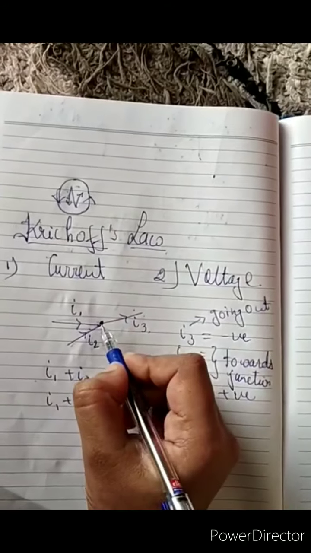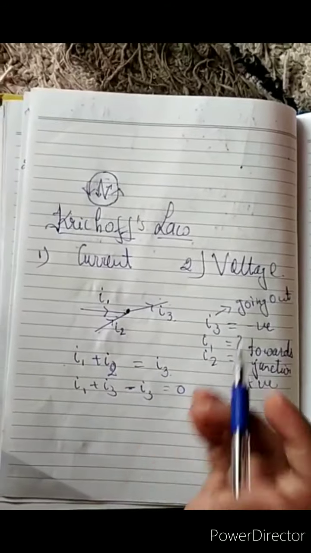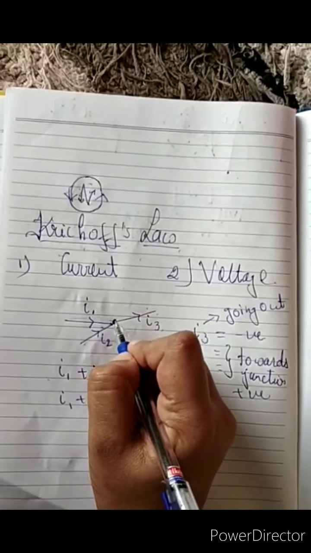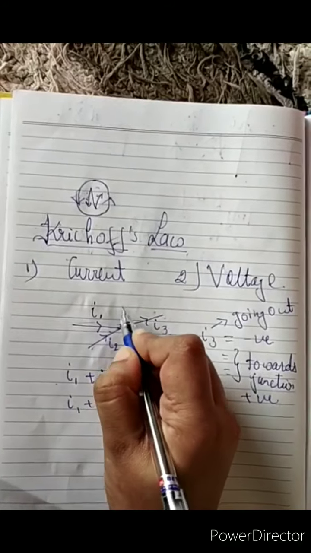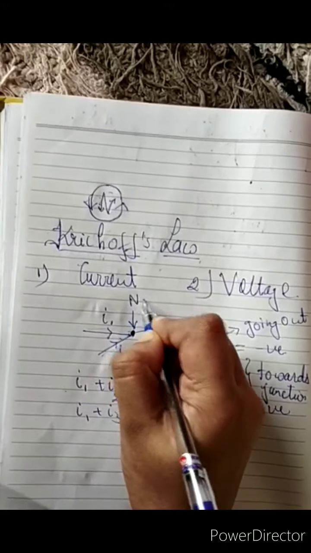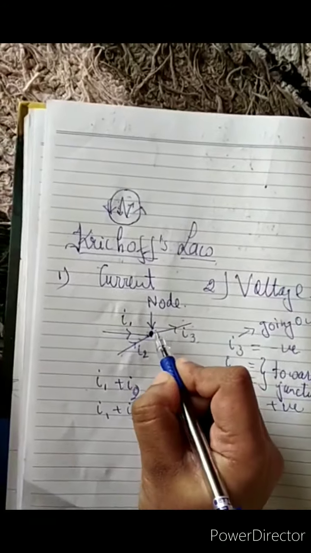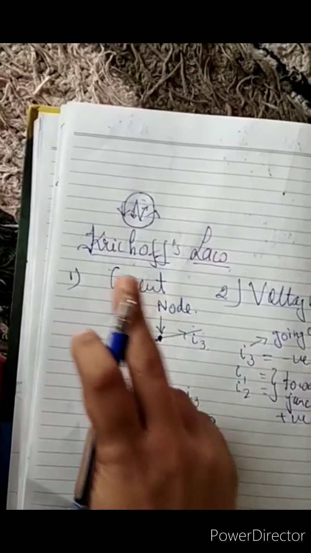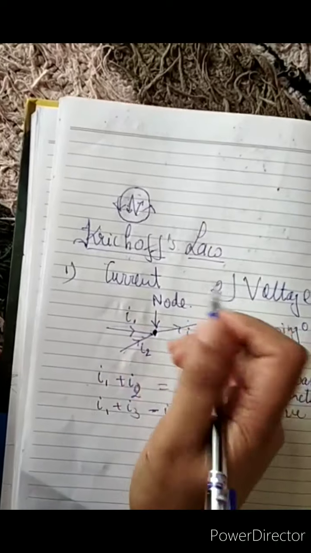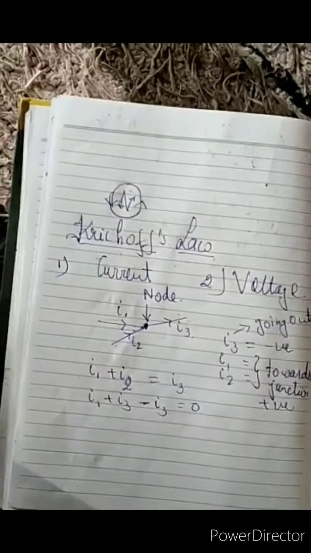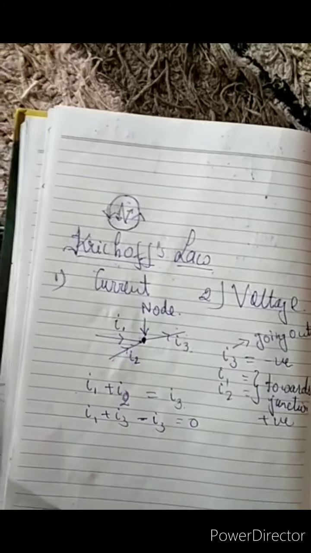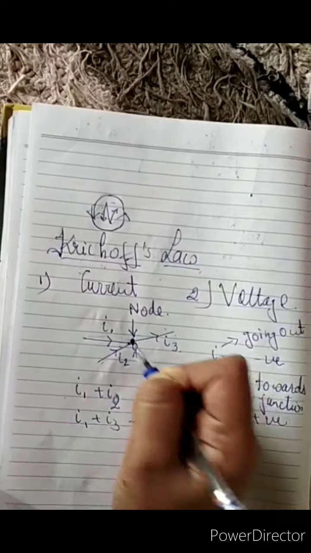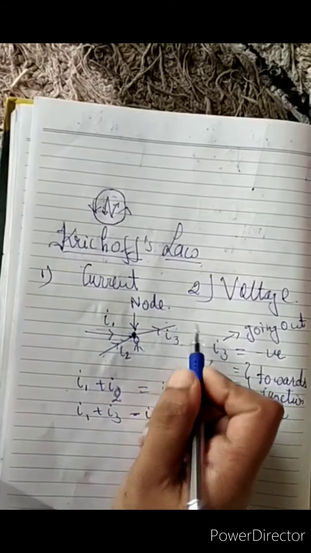Now what does this imply? Look, this is the junction point, also called the nodal point. What do we mean by node? At this point there will be no current at all. Whatever is coming in has to go out, so there is no current at this point. This is the neutral point. If you are standing over here, you expect two currents coming in and one current going out.